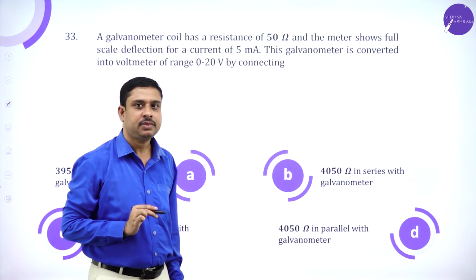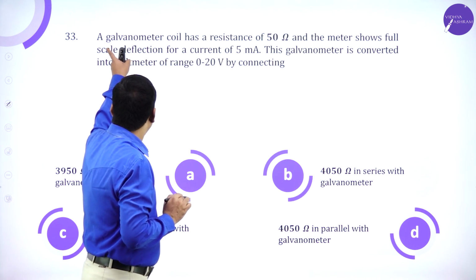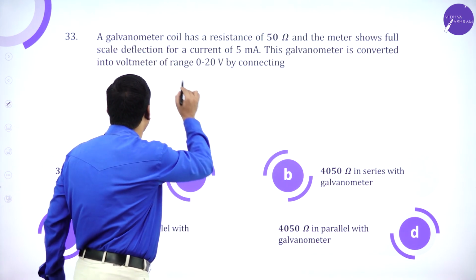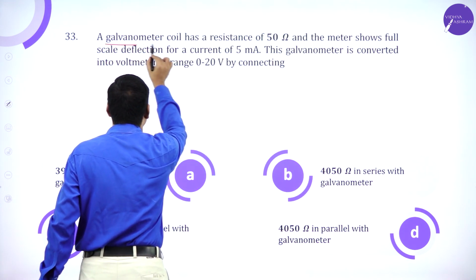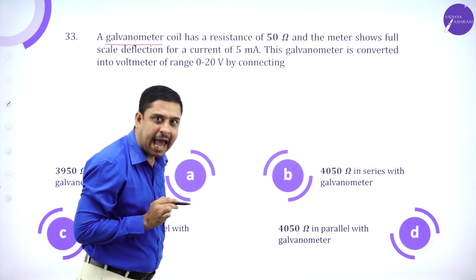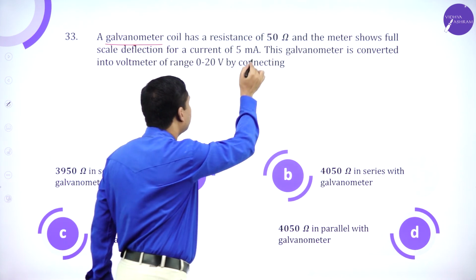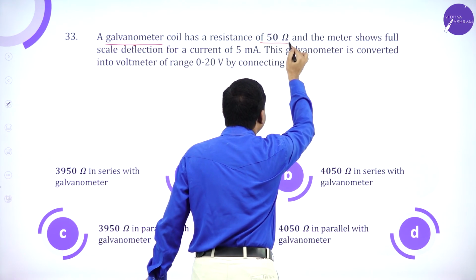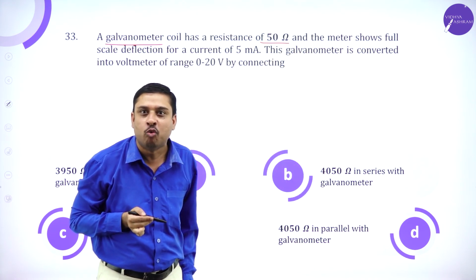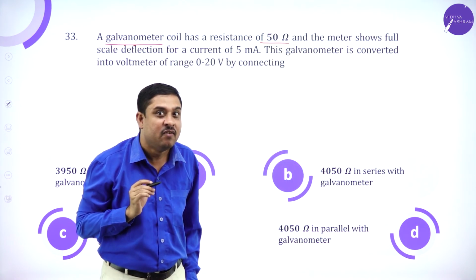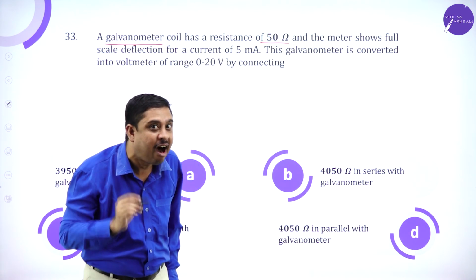Now, a galvanometer coil. There is a galvanometer of resistance 50 ohms. Galvanometer, Vidyut Pravaha Suchaka.